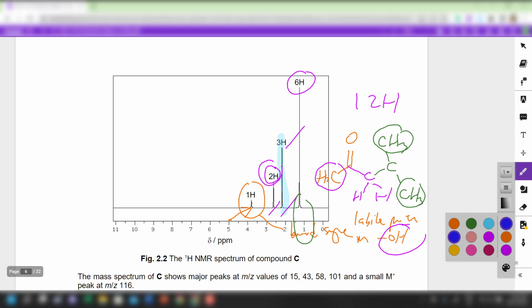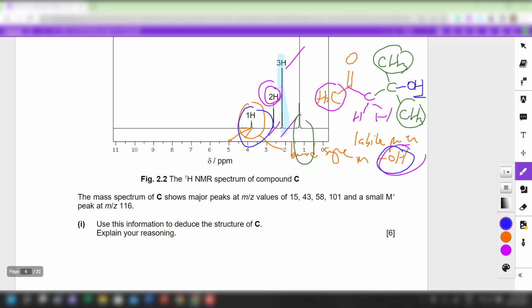Okay, so in this case, I'm left with OH, because this is the labile proton that we need to account for by the broad singlet. Okay, so with that, this is likely to be the structure of compound C.